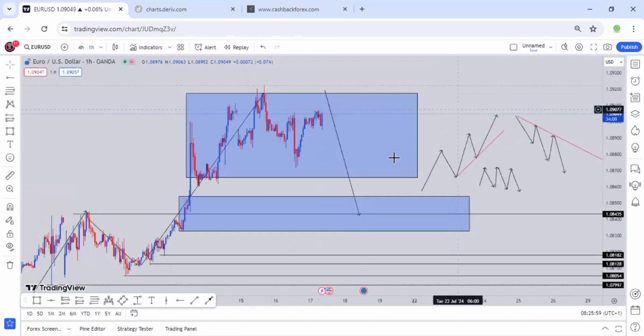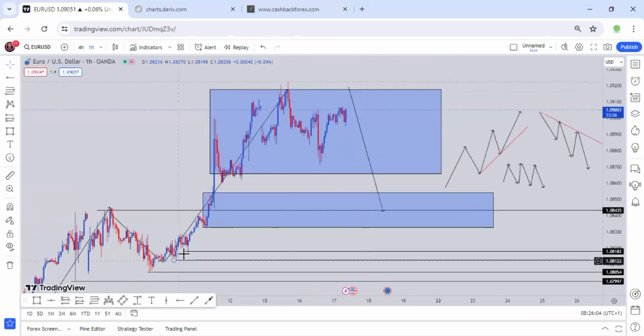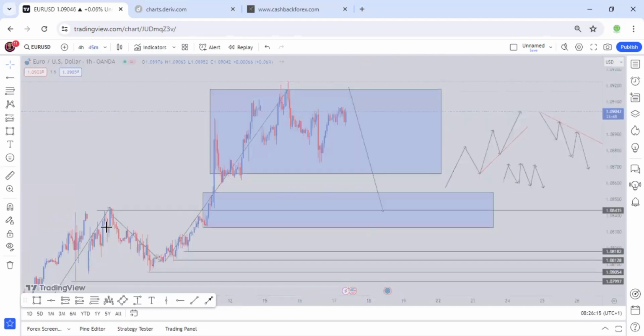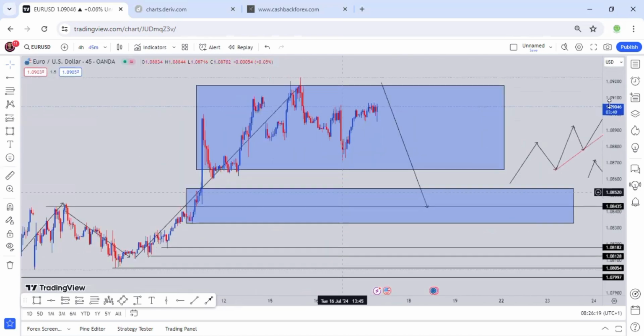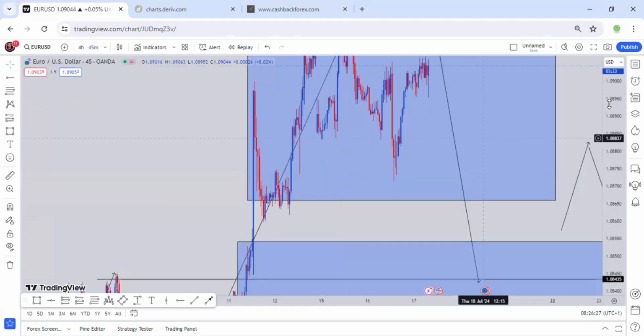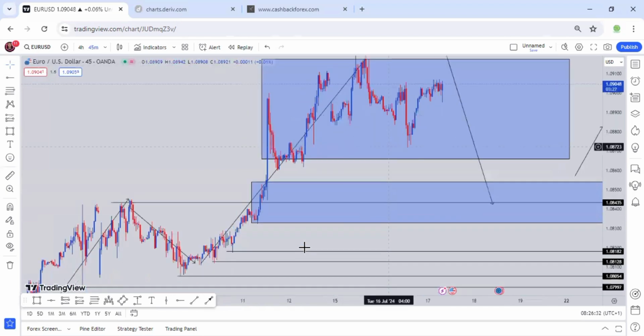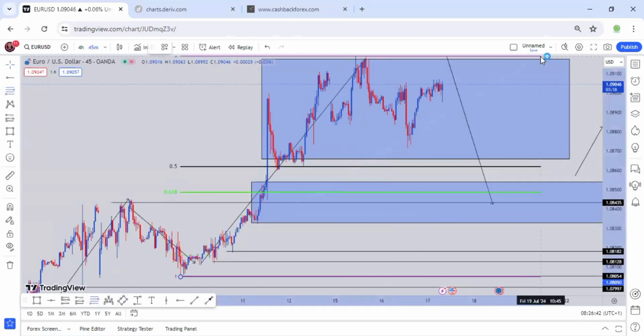So what you'll be looking at is your buy setup. You can go down to the lower time frame, to this time frame. Another thing we're going to be doing is drawing our Fibonacci from swing low to swing high to get our premium and discounts.